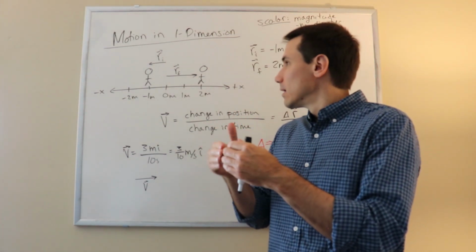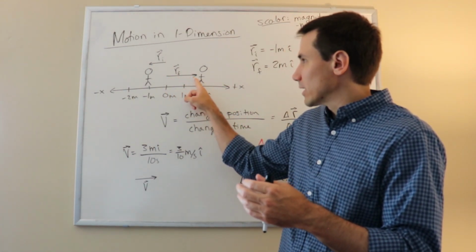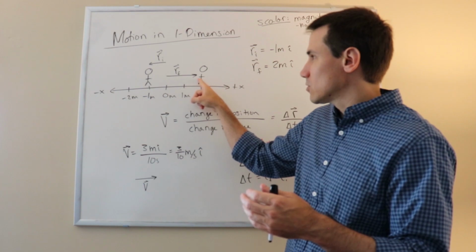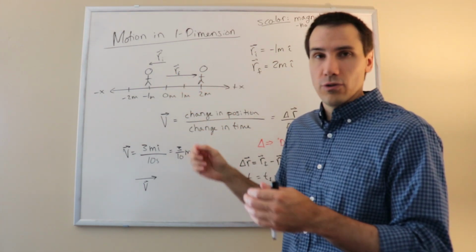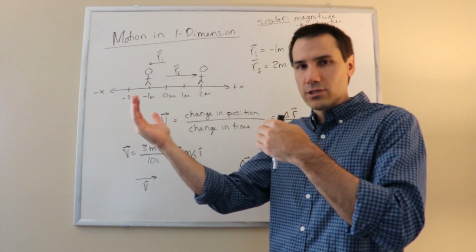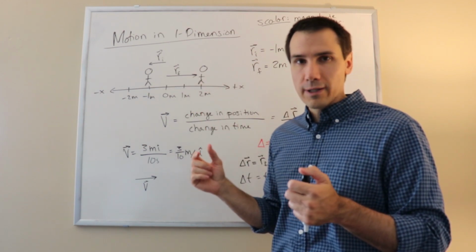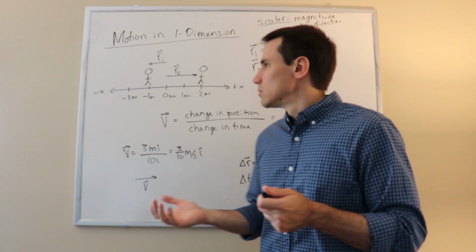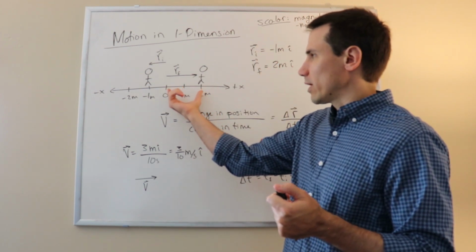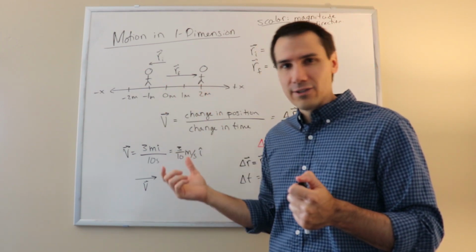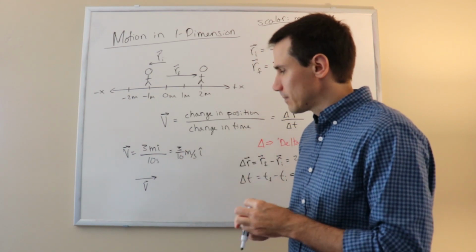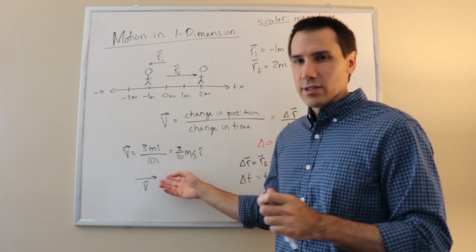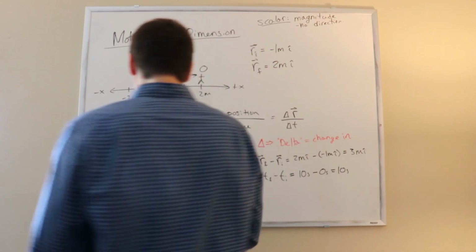That is, my R final vector literally spans 2 meters from 0 to 2. It points from the origin to that, so it should be 2 meters long. But my velocity vector has units of meters per second, so I shouldn't draw it 2 meters long on here because that's a distance.